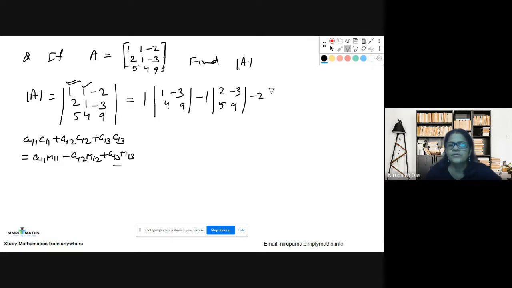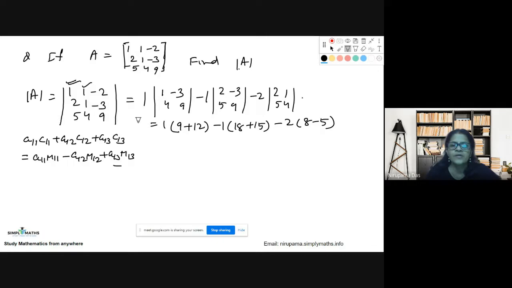So minus 2 into M13, first row, third column, we will not take; it is 2 1 5 4. So this is equal to 1 into 9 plus 12, minus 1 into 18 plus 15, minus 2 into 8 minus 5.